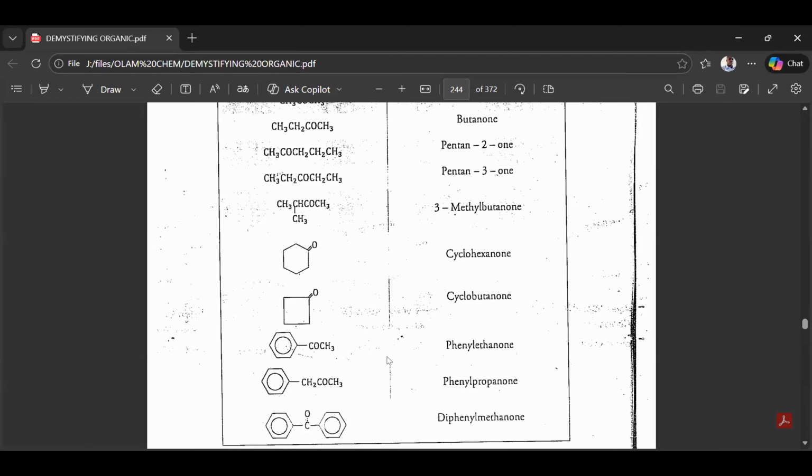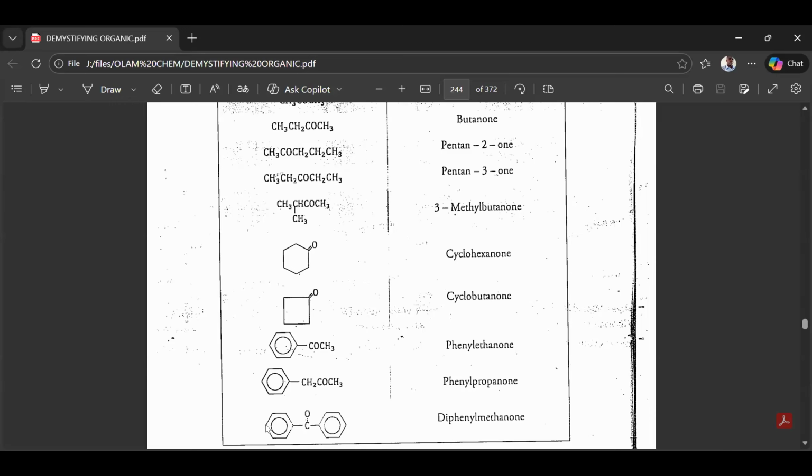You never find methanone alone the way we have butanone. You can only call this one methanone if there are some other groups attached, the way you see here. These are two phenyl groups attached, that's why you call them diphenyl. Here you have only one carbon atom, therefore it becomes methanone.